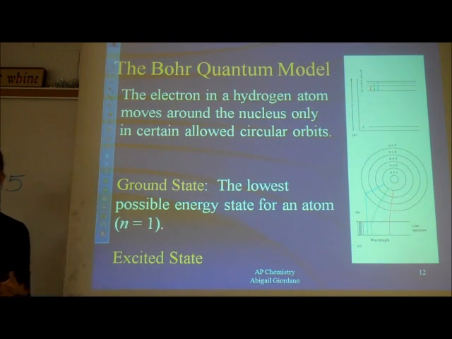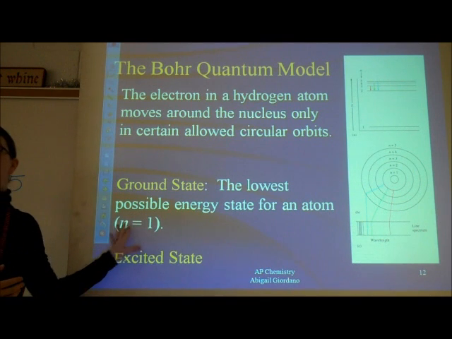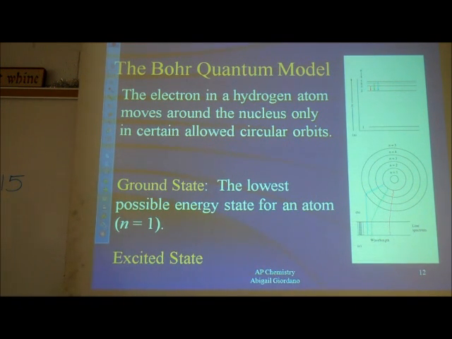Ground state means an electron is as low, and when I say low, I mean close to the nucleus, as it can get. That may not be on energy level number 1. Maybe the lowest possible level that an electron can get is energy level 2. Maybe it's 3. The point is, it's as low as it can be.